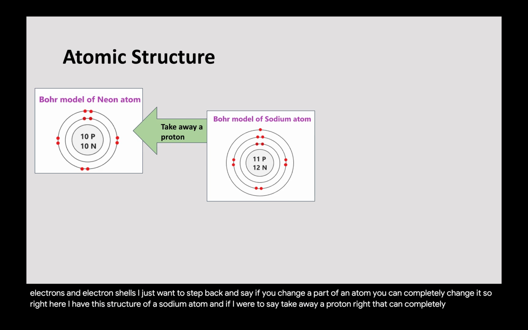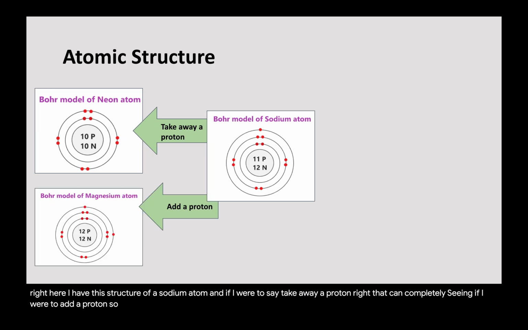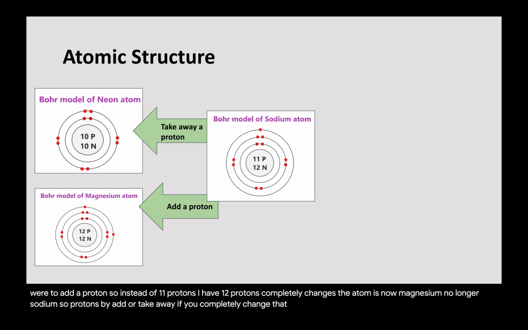It's going to become a neon atom now, right? Same if I were to add a proton. So instead of 11 protons, I have 12 protons. Completely changes the atom. It is now magnesium, no longer sodium, right? So protons, if I add or take away, it can completely change that element.